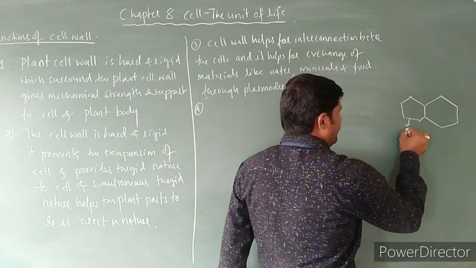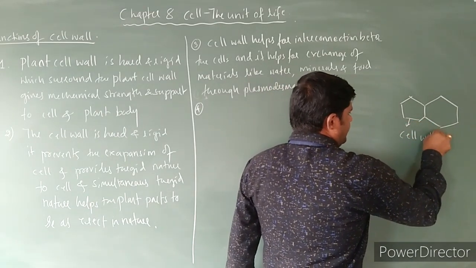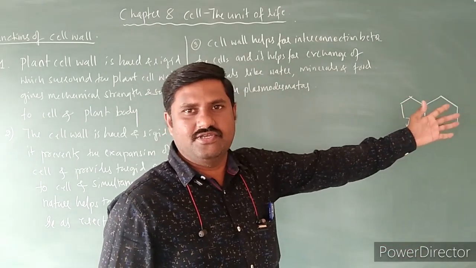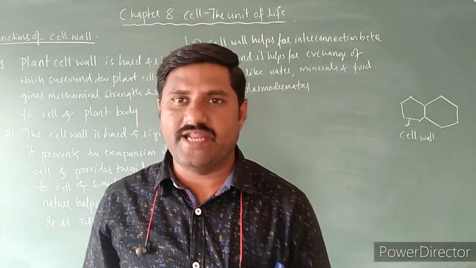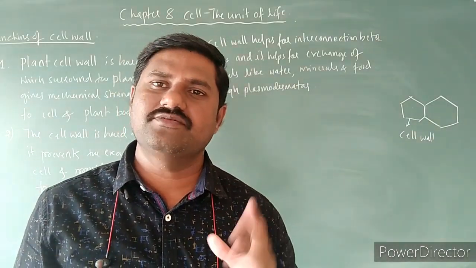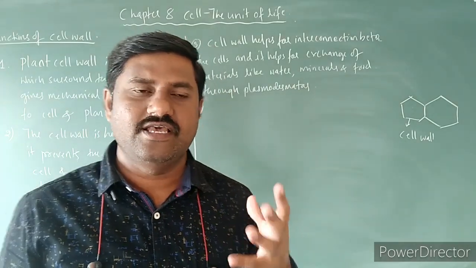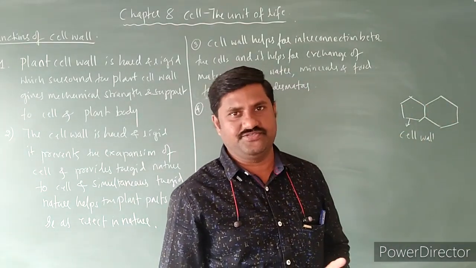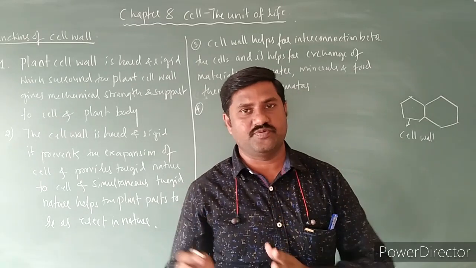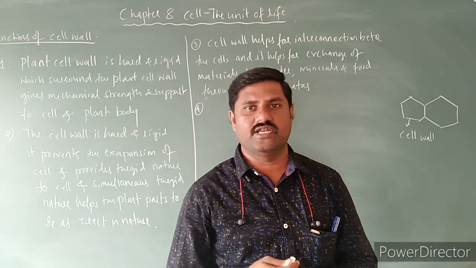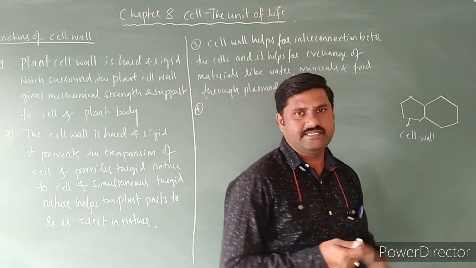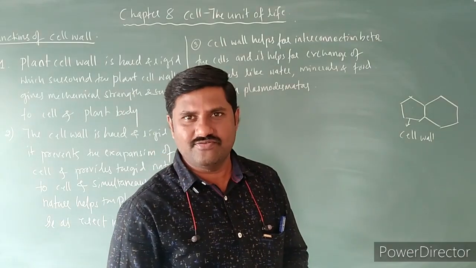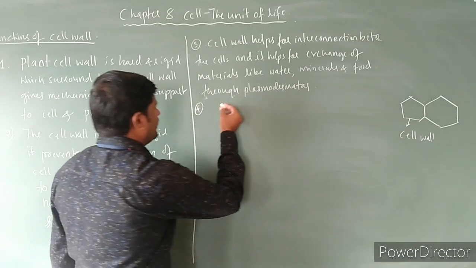These are vacant cells because they are almost all dead cells, for example xylem cells, tracheids, as well as tubes. Through these dead cells, the conduction of water takes place. So long distance transportation of water as well as organic food material takes place through the dead cells, which are surrounded by the cell wall itself. They have only cell wall. That is very important.